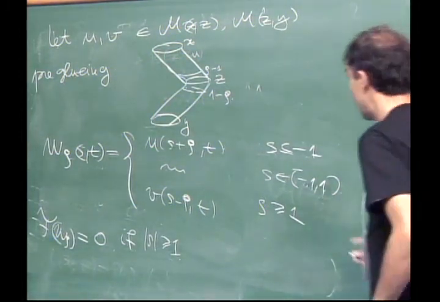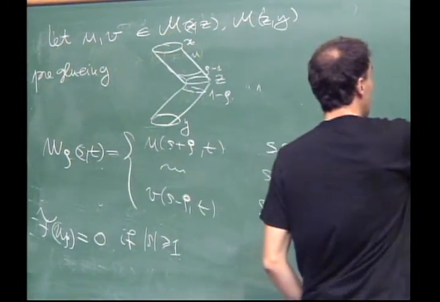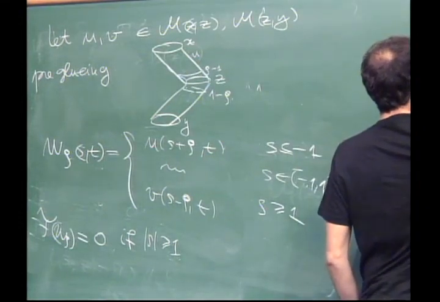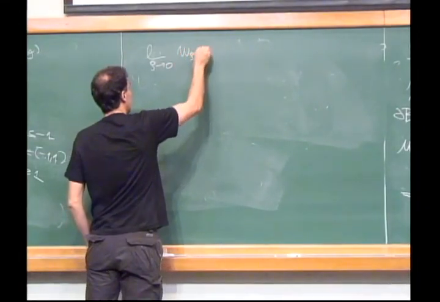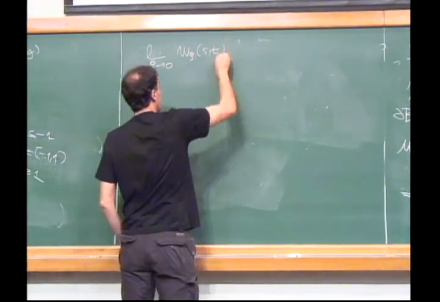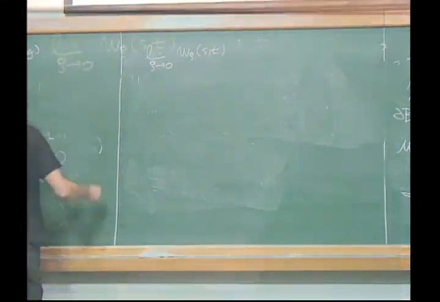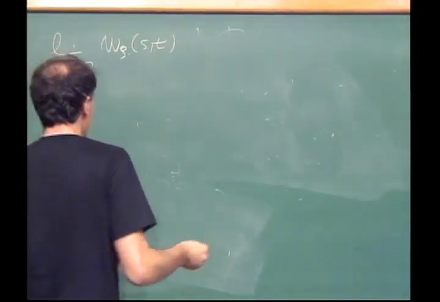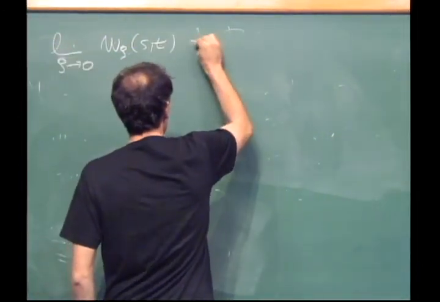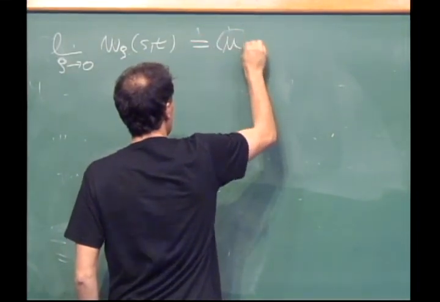And let me emphasize also that this has no meaning with respect to the space I defined, because W rho is not a real solution, but a genuine solution. But this goes to UV.